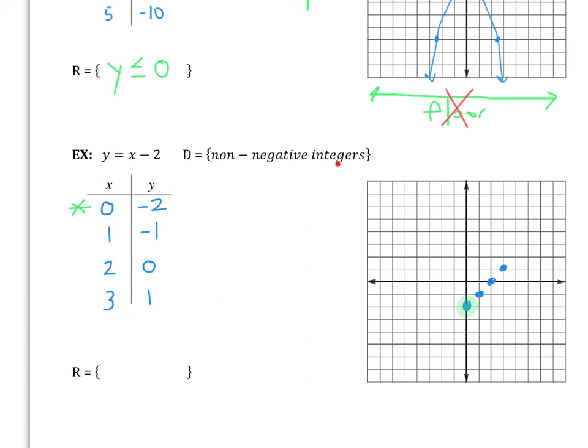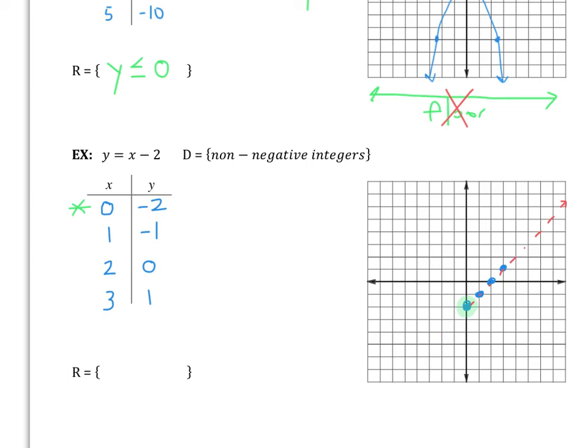We only want the non-negative integers. So we continue this trend of just plotting these points. I can attach a dashed line to indicate that this trend of just those integers continues on and on forever in this direction. So this is our starting point. I don't want these integers down here because those are negative integers.